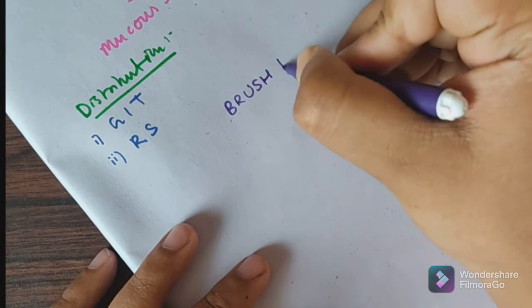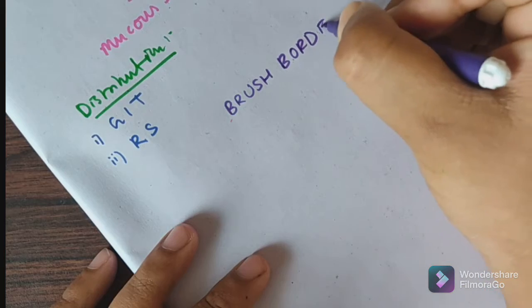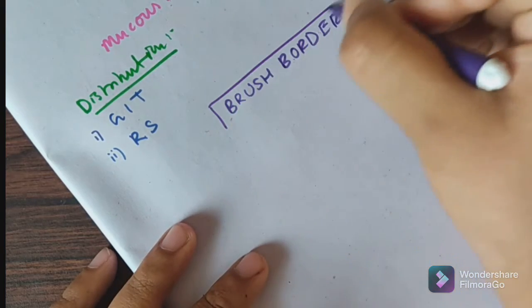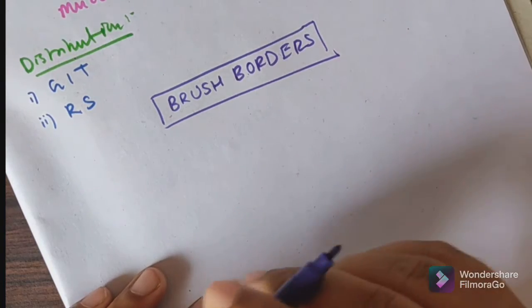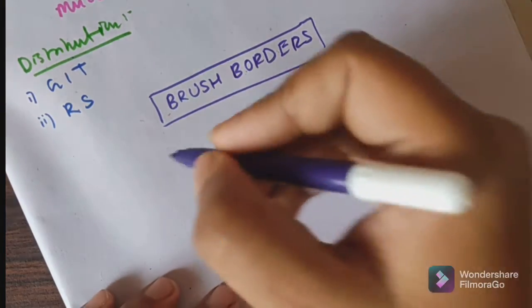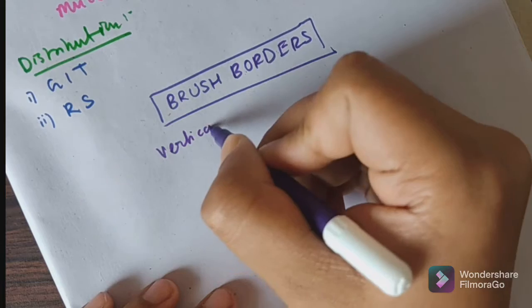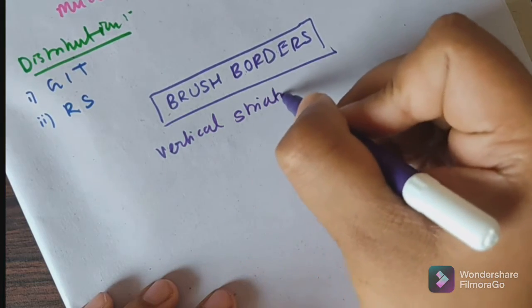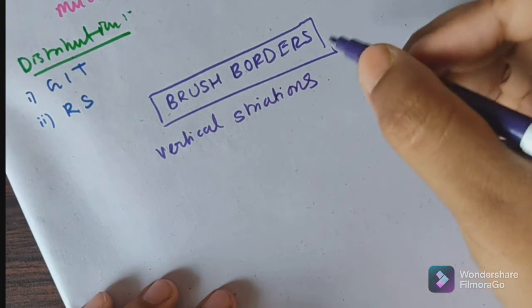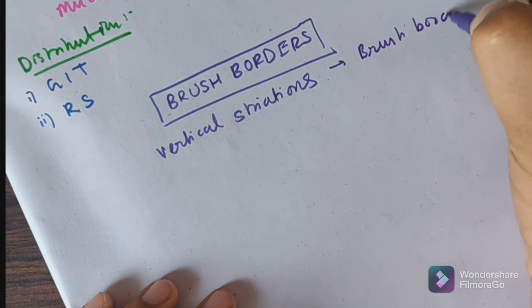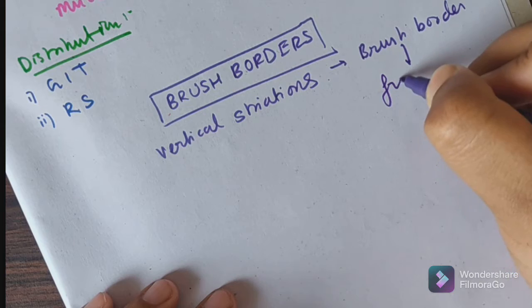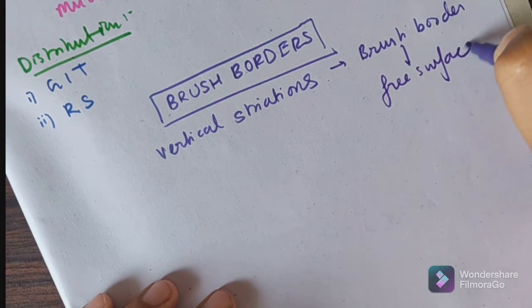The brush border cells. Now the brush borders are tall columnar cells which exhibit vertical striations, known as the brush border, at the free surface of cells.